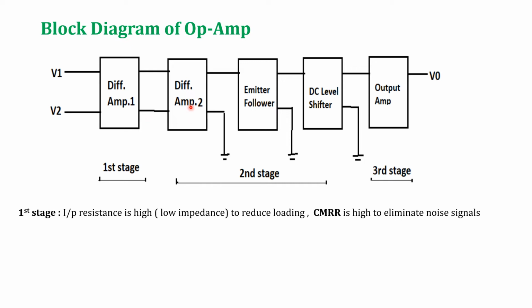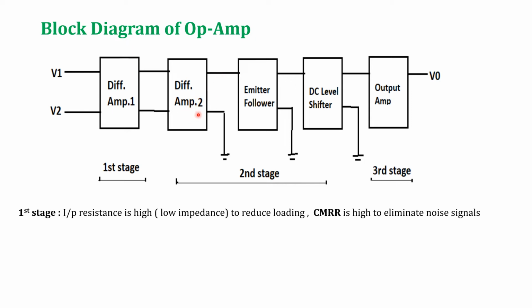In the second stage, here 3 blocks are shown. First, in the second stage, the second block is differential amplifier 2, third emitter follower, and fourth one is DC level shifter. In that, the differential amplifier 2 is a double-ended input and single-ended output.